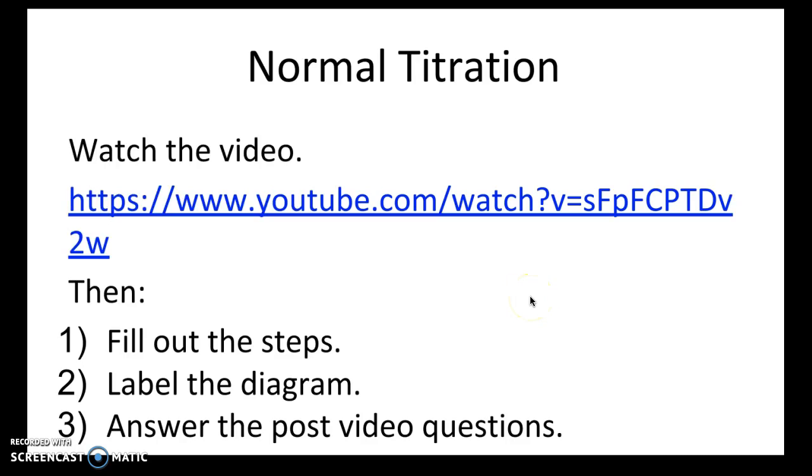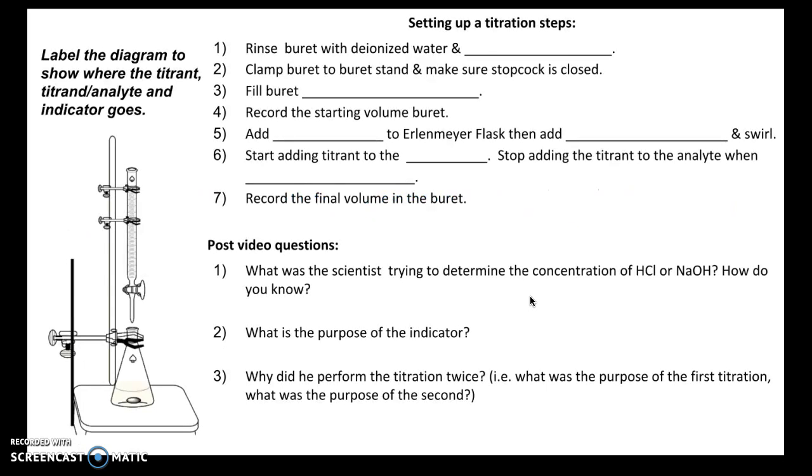In this video, you're going to see a normal titration, so think about what this person does during it. Label the diagram so you know what the setup is like, and then answer some post video questions that will help you reflect on the process. Pause the video now and click on the link to the additional video, and when you are ready, after you fill this out, press play again, and we'll continue.